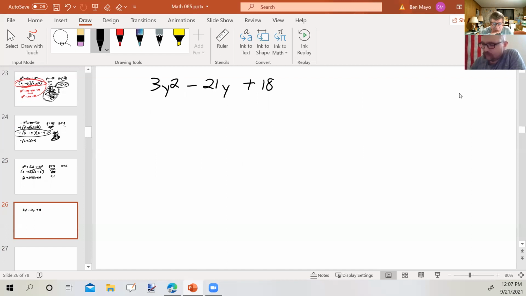Is there something we could do so that it would have a leading coefficient of 1? We could take out the greatest common factor, which is a 3. Okay, see what I did there? So now what's in parentheses fits the pattern.